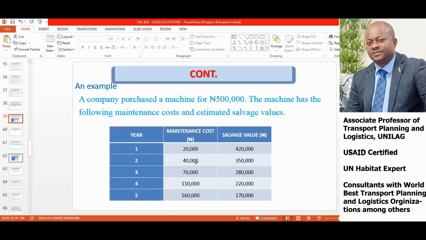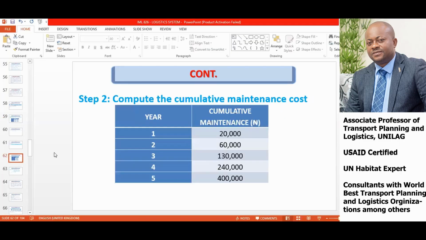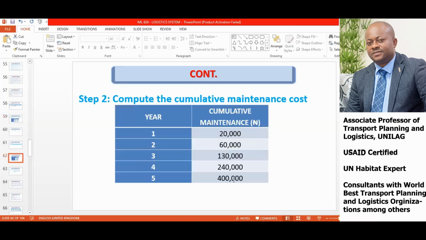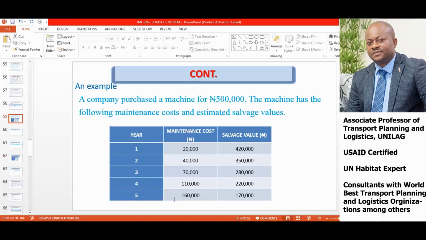So it is 110 plus number 3, that's 70. 110 plus 70 is 180,000. So can somebody explain how we got 400 with this? 240 plus 160.